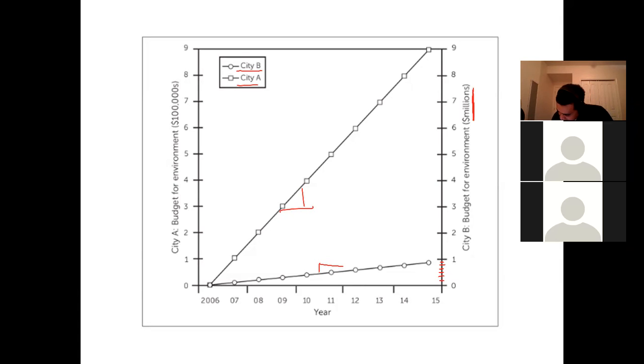But if you just took 2 points in time, let's say here, and let's say here, that's still 150,000, okay? And if you look at 2 points in time here, it's about 100,000. So actually, city B is spending more than city A, but the graph is all messed up.